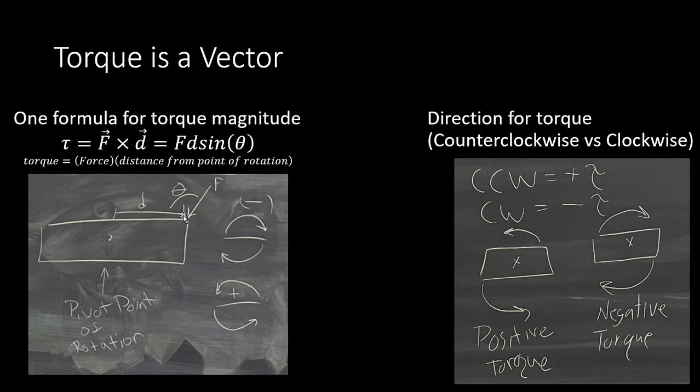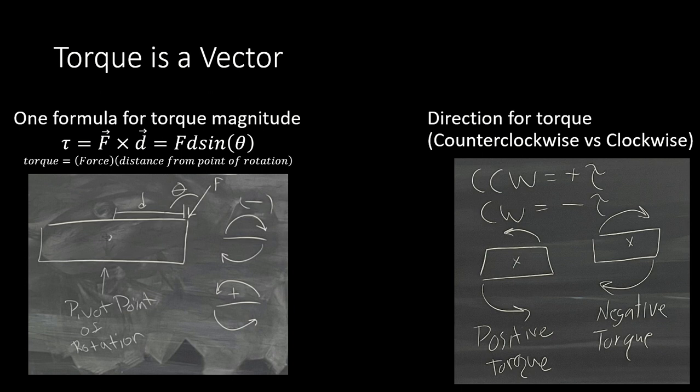If we have some force that would encourage counterclockwise rotation, then we would assign it a positive torque value. So it all goes into whether that torque is going to be clockwise or counterclockwise. Counterclockwise torques we assign as positive. Clockwise torques we assign as negative.